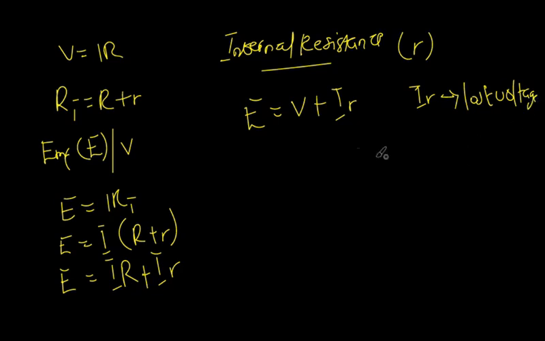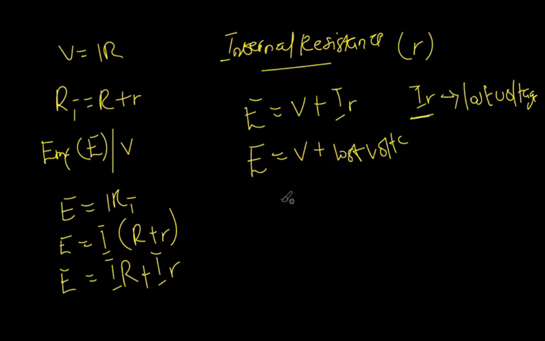Whenever we have current multiplied by the internal resistance offered by a cell, whatever we get is called the lost voltage. So the EMF of a cell is equal to the voltage plus the lost voltage.